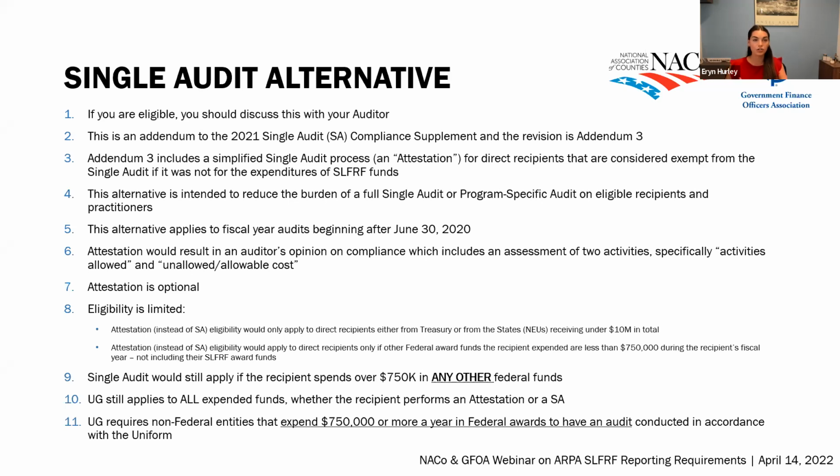So that's the alternative in a nutshell, those top 11 items that you really need to consider if you are eligible. Again, a very considerable change, very beneficial to smaller jurisdictions as you are going through the reporting process. And Emily, definitely jump in if I missed anything.